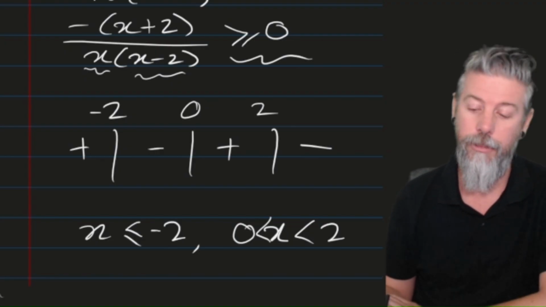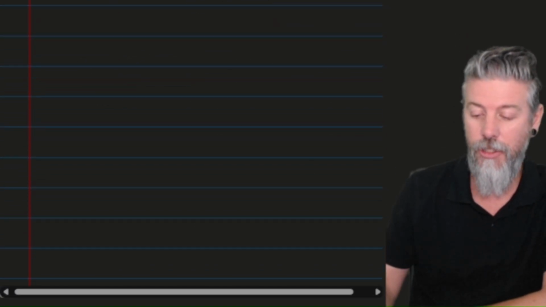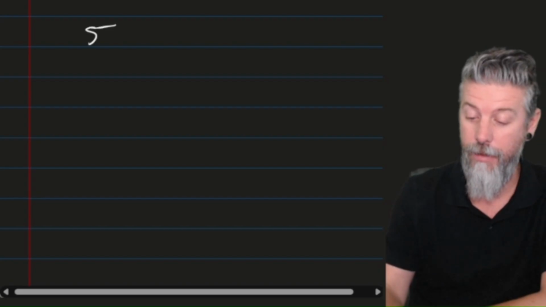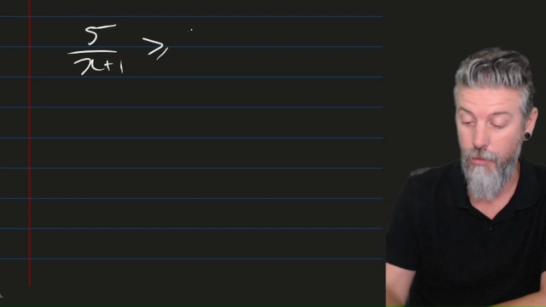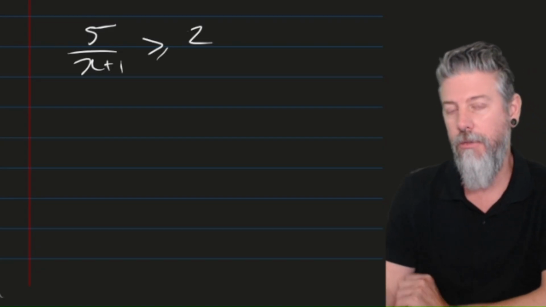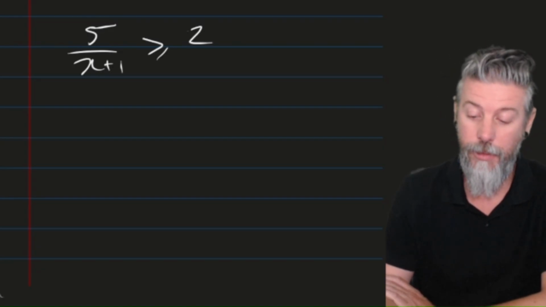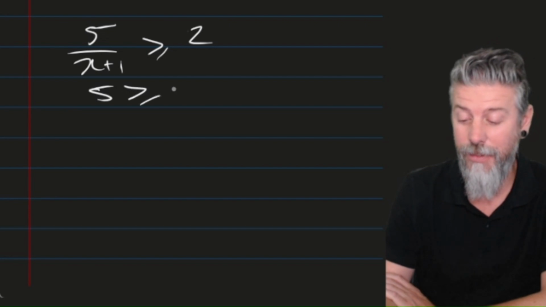If we were to go back to an extremely easy example, something like 5 over x plus 1 is greater than or equal to 2, I'd probably still just multiply by the square of the base in this one, just because I've always used this method.